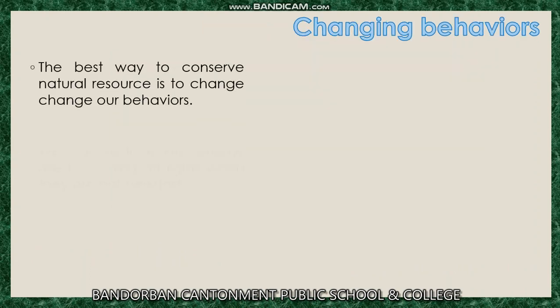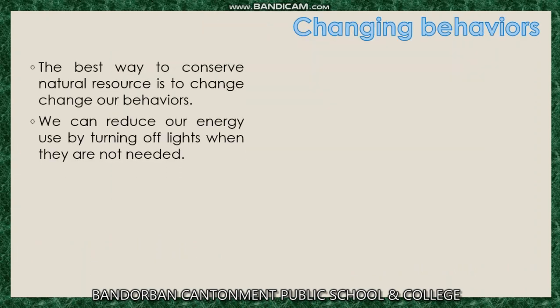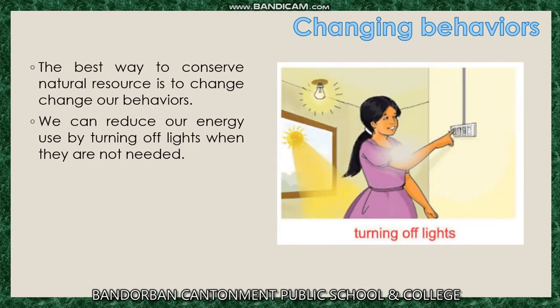Changing behavior. Many people in Bangladesh continually turn on the fan and light switch at home. The best way to conserve natural resources is changing behavior. We can reduce our energy use by turning off lights when they are not needed. Look at the picture.